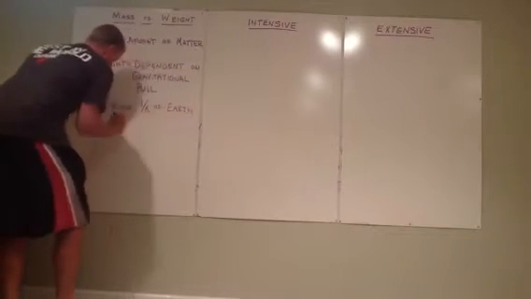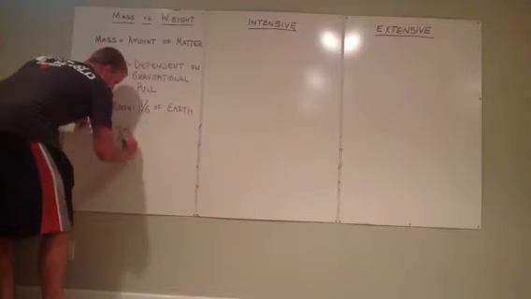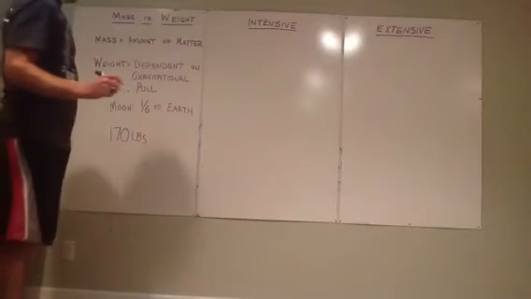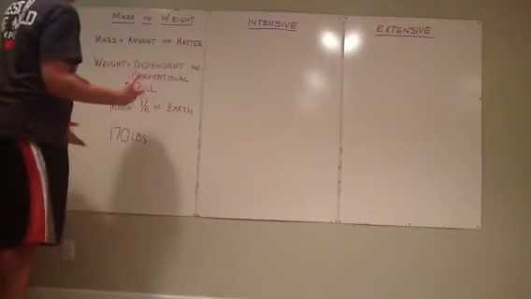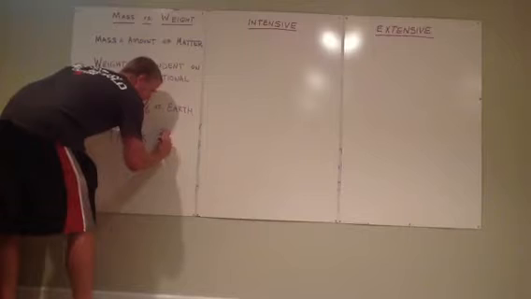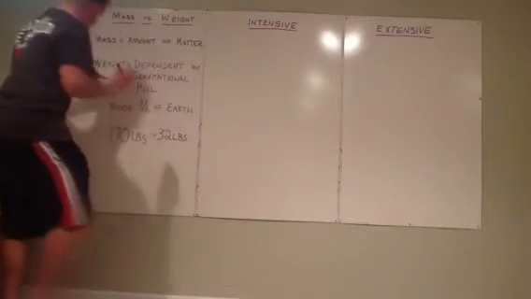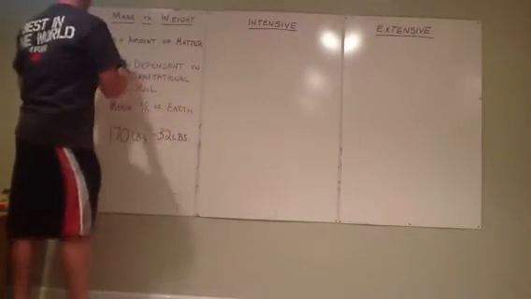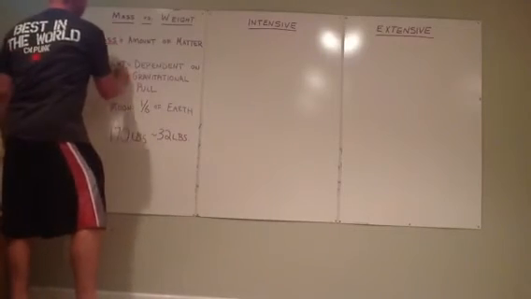So, I weigh about 170 pounds, me, right? So, 170 pounds on the moon would be roughly, I don't know, I'm just kind of ballparking in my head, 32 pounds or so, approximately. 32 pounds on the moon would be my weight. But the amount of matter that makes up my body would not change because my mass would stay the same.